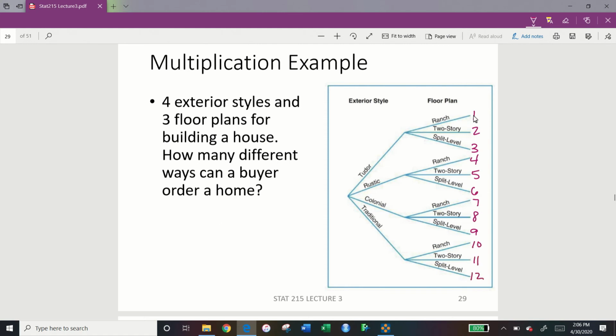So there are 12 different ways to buy a house. The alternative way, and a way that would be faster than drawing out this diagram, is to multiply. We have 4 exterior styles times 3 floor plans equals 12 ways to order a home. That's a lot faster.